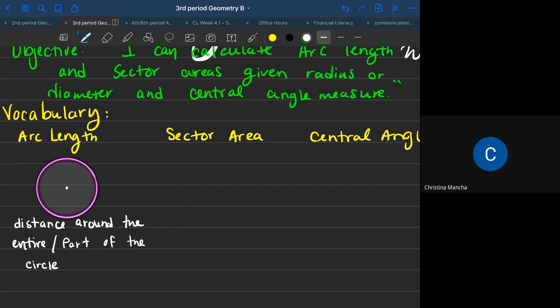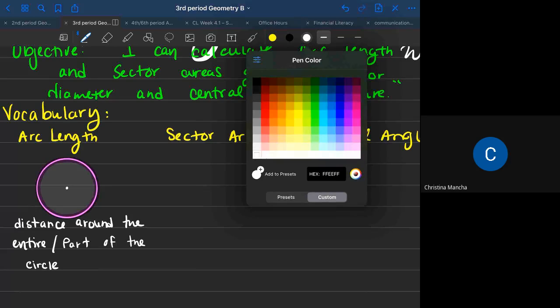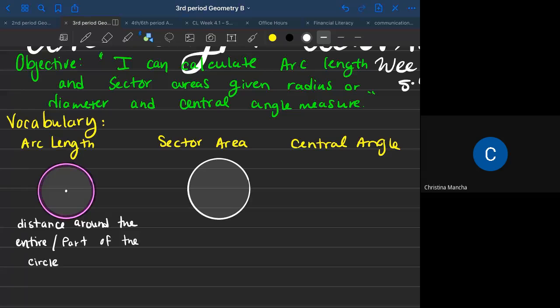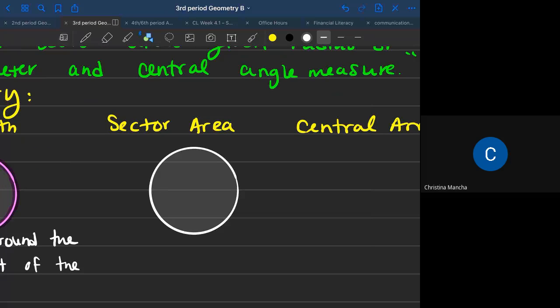Sector area sounds exactly like what it sounds like. So here we have a sector, like a section. Again, imagine that we have a circle, and in this circle we have a center.